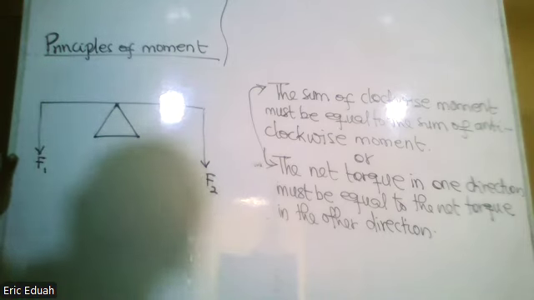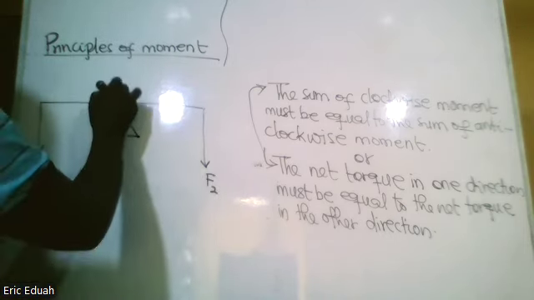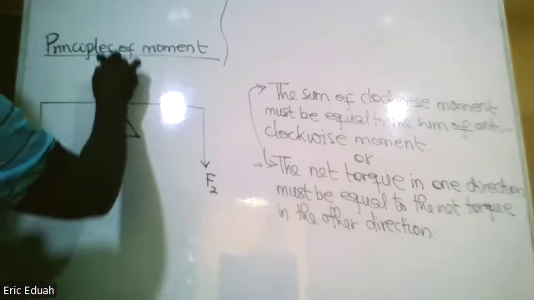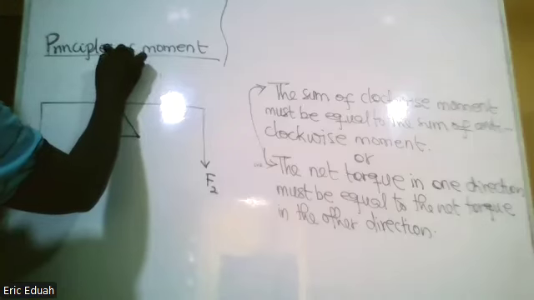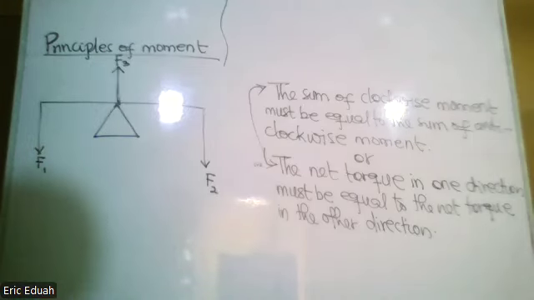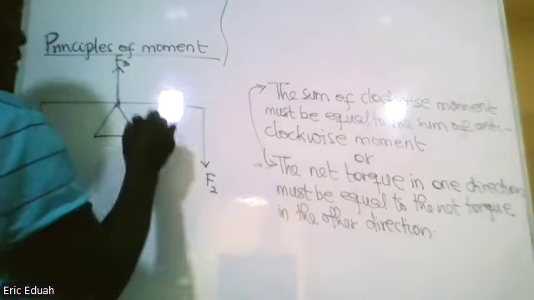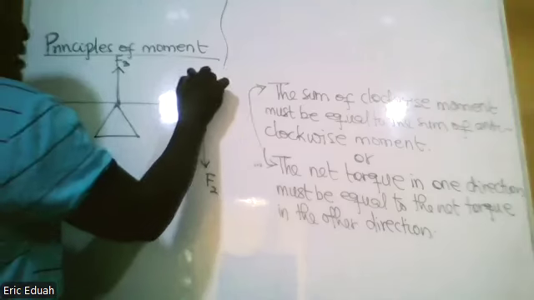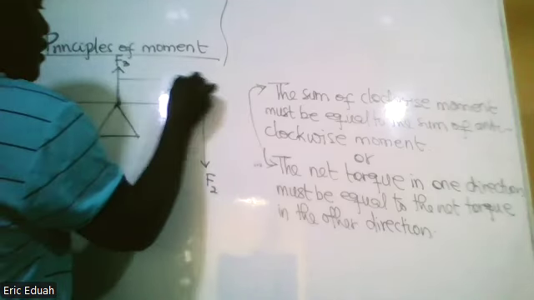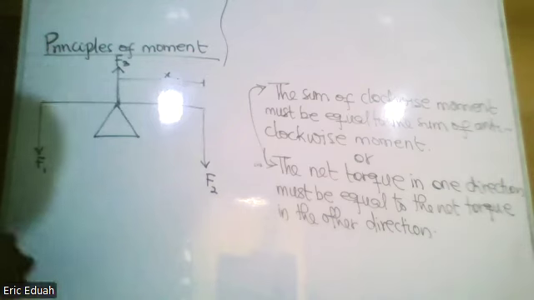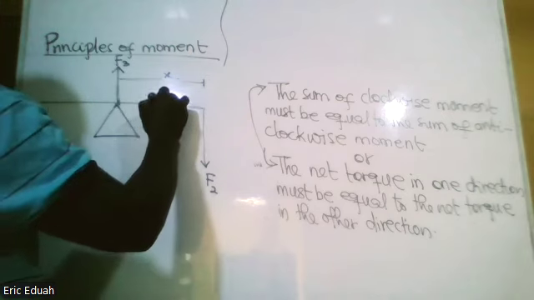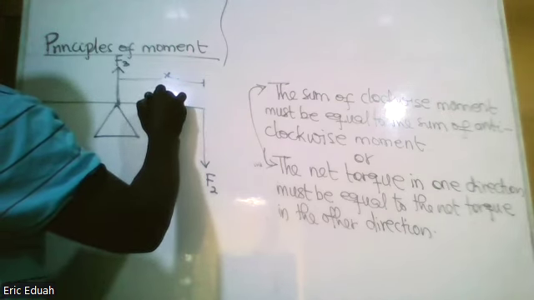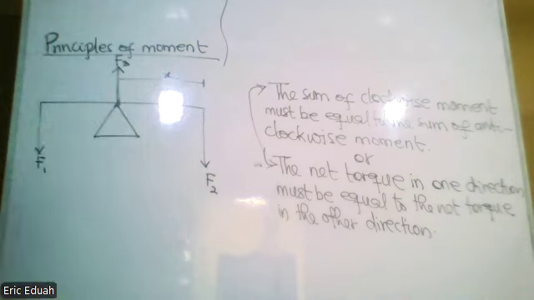Let me introduce another force, F3. F1 is at a distance of x from the pivot. Let me even use these two illustrations.